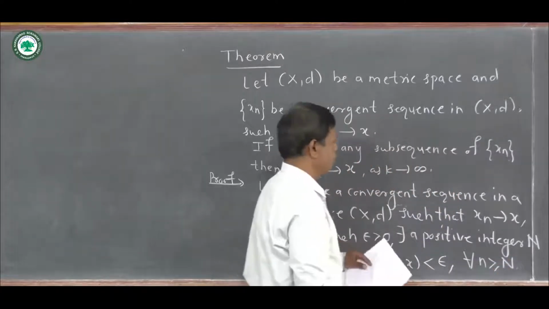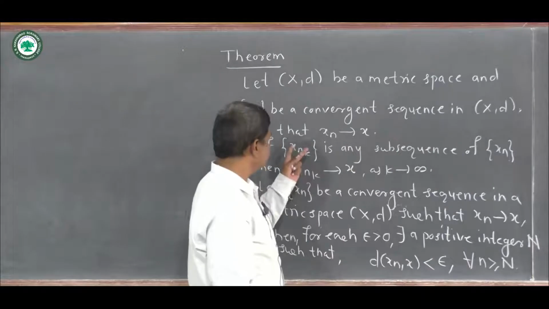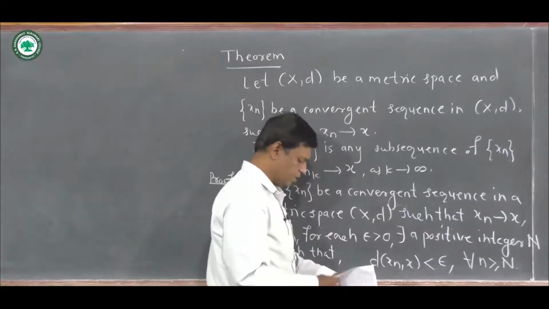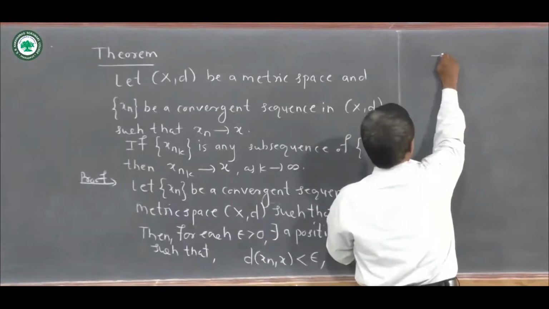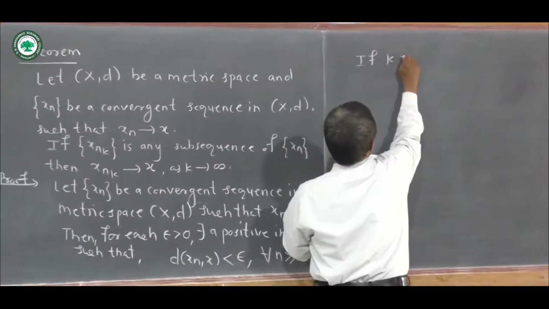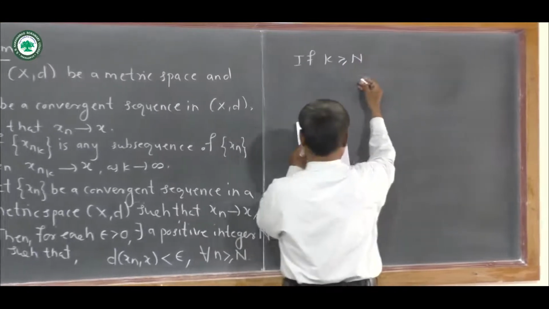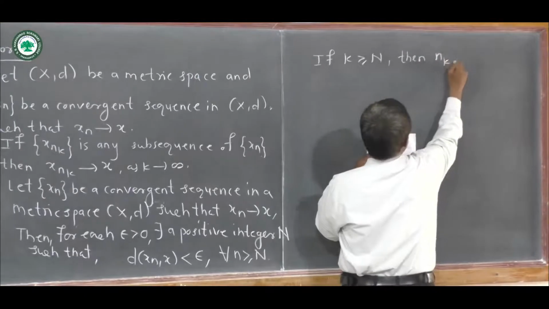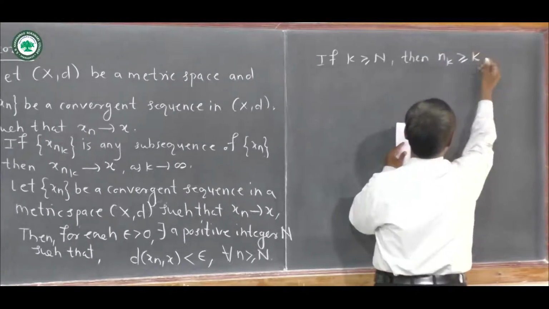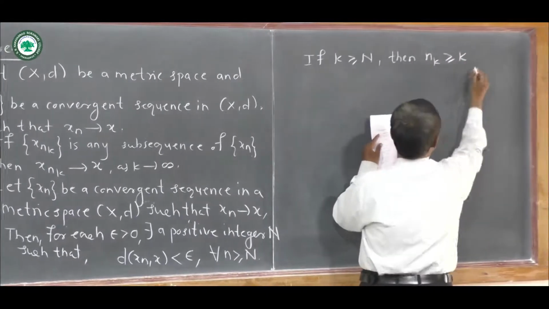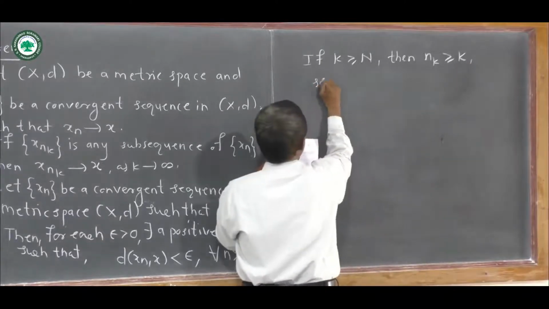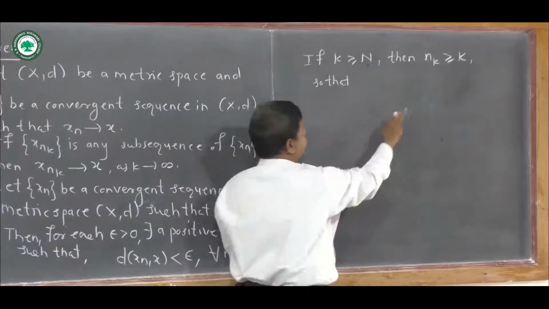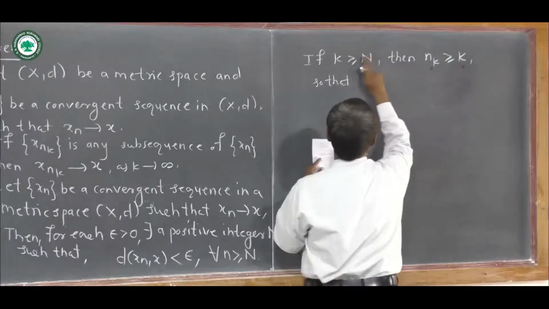Now we want to show that this subsequence xnk of xn is convergent. So if k is greater than or equal to N, then nk is always greater than or equal to k. We prove this by induction. So k is greater than or equal to N and nk is greater than or equal to k.